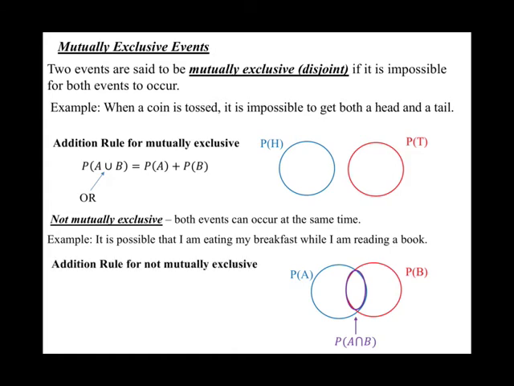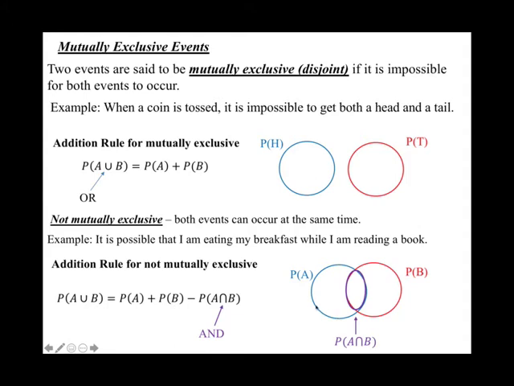So, the addition rule for not mutually exclusive events. If you want to find probability of A or B, and you know this is a not mutually exclusive event, you apply this formula. Probability of eating my breakfast plus probability of reading a book.